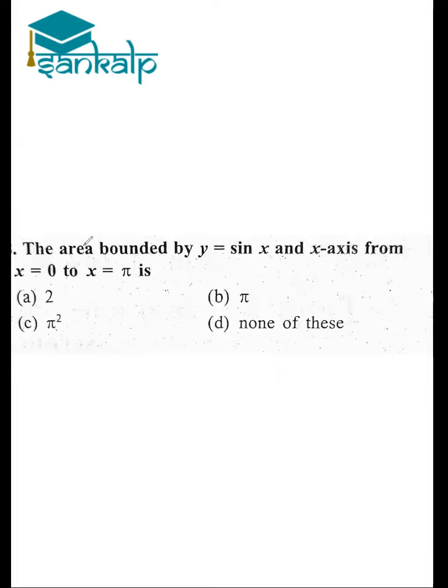Next example: the area bounded by y equal to sine x and the x-axis from x is equal to 0 to x is equal to pi is. Here we need to calculate the required region bounded by y equal to sine x, the x-axis, x is equal to 0 and x is equal to pi.